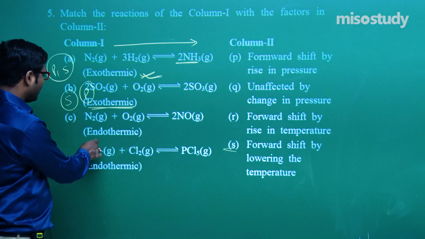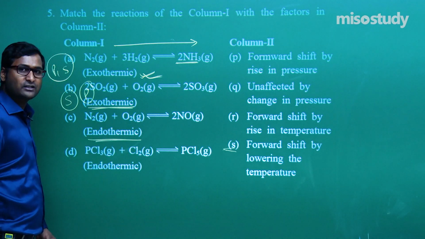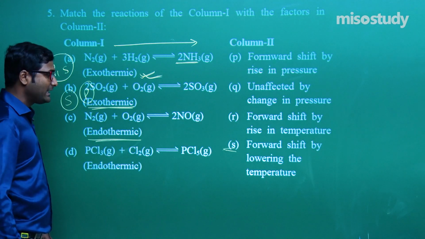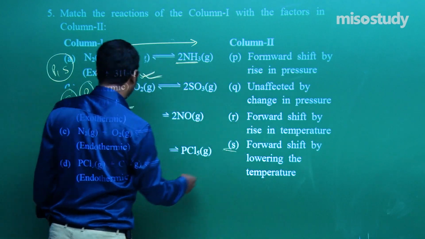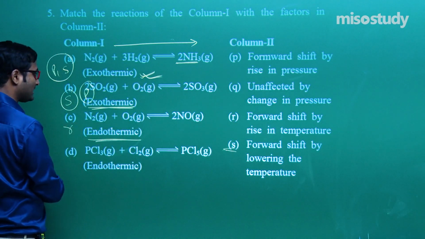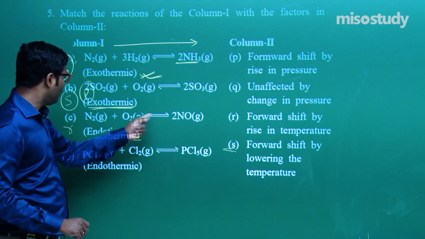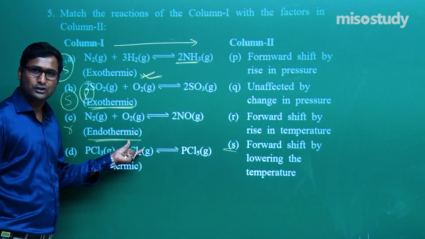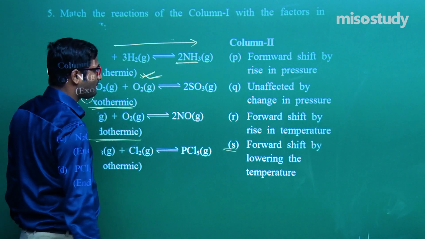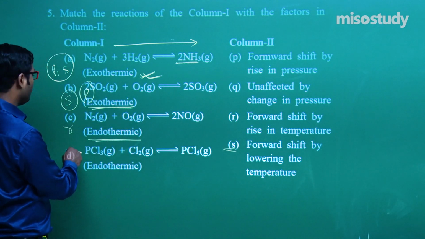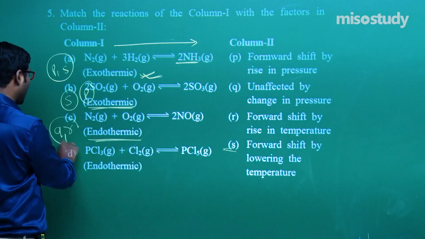Now here is an endothermic reaction, which always favors a rise in temperature for the forward shift, so R is correct. Now check the number of moles: 2 minus 2, delta n is equal to 0, so there is no impact of pressure, that is Q. So for this, Q and R are correct.